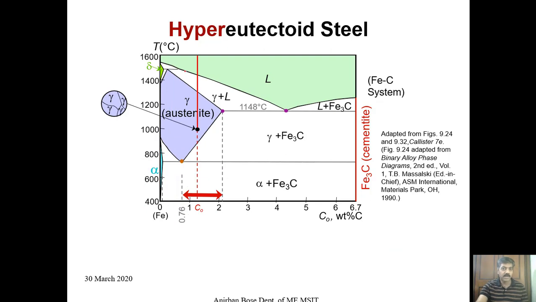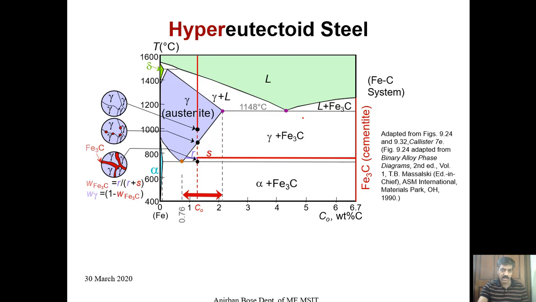Now if it is hyper-eutectoid steel, then your pro-eutectoid phase will be cementite instead of ferrite. So gradually you can see the cementite particles will form in the grain boundary region, and here you can see these are the pro-eutectoid cementite that has been formed. And this austenite now has the eutectoid composition, because from the tie line you can find out the composition of these.